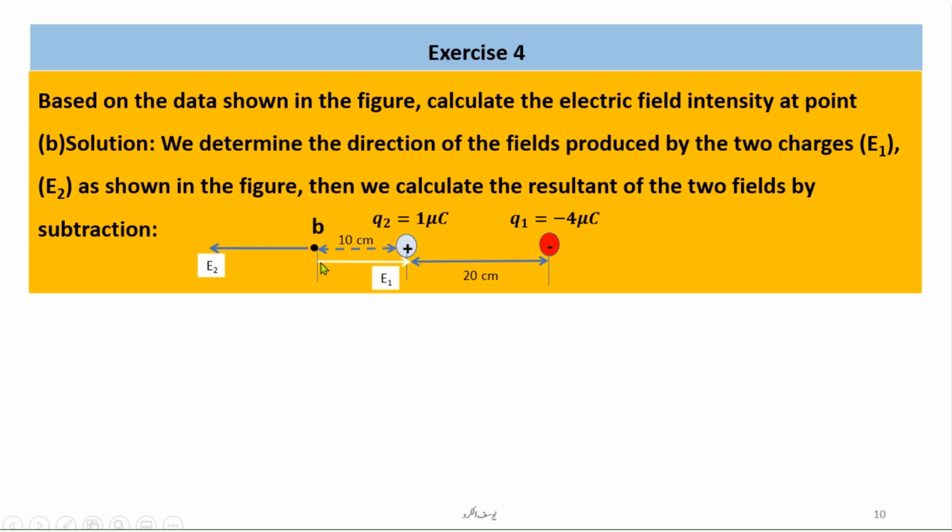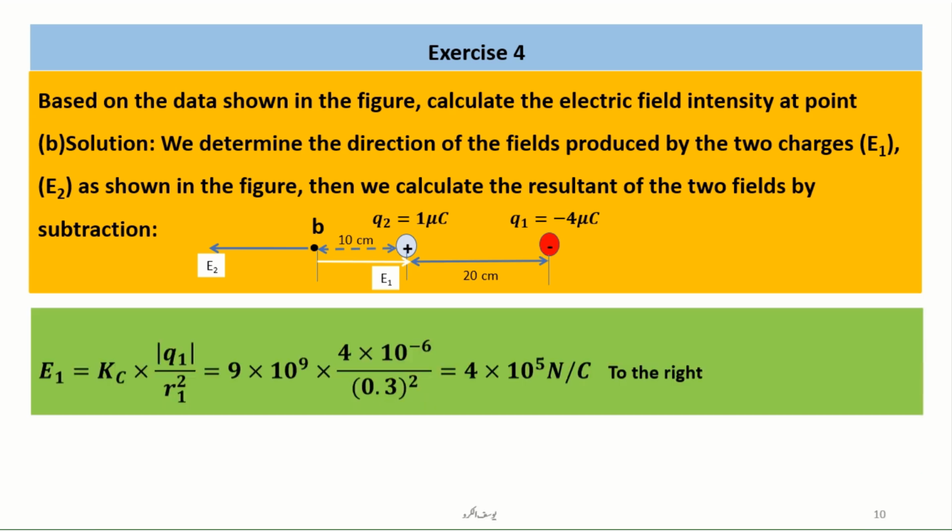Here is the direction of E1: because the charge is negative, the vector goes towards Q1, and E2 goes out from the positive charge. That means we will find the result by subtracting the two vectors from each other.